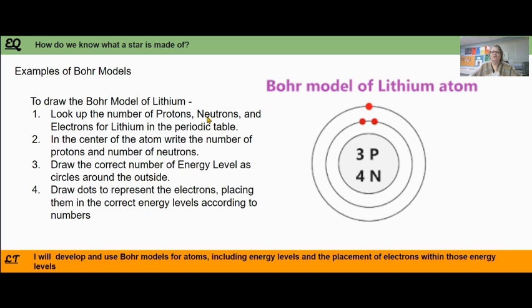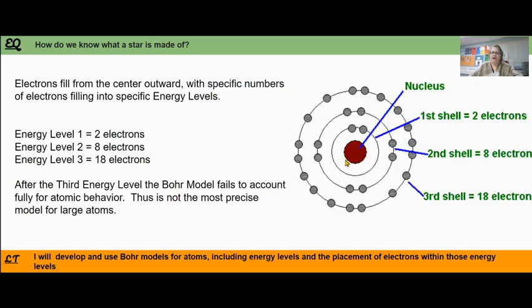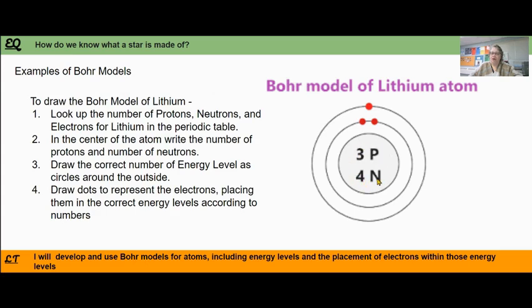The number of neutrons is the mass minus the protons, and the number of electrons is going to equal the number of protons for now. In the center of the atom, write the number of protons and neutrons. This is like that big red ball in the past picture, but we're indicating that there are 3 protons and 4 neutrons in the center of that atom.